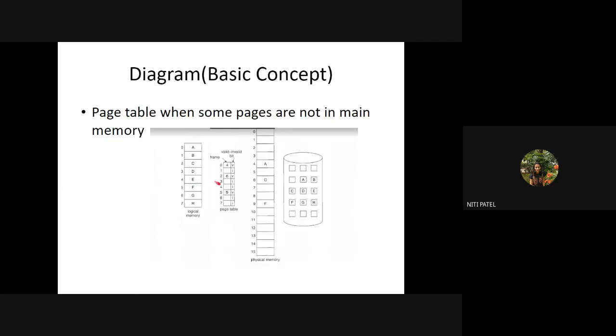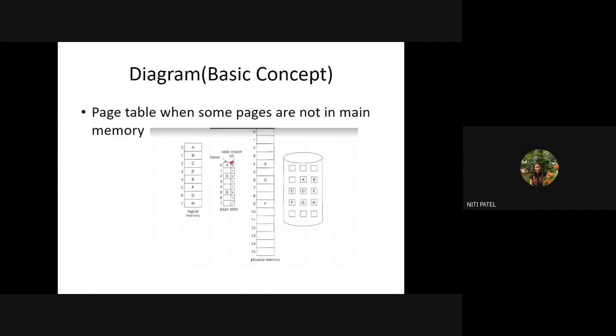F. So on frame 9, I have F stored. Now at frame number 6, you have the page at number 2. Which is the page at number 2? C. So C is in frame number 6. Are you understanding? It is the same thing as yesterday.